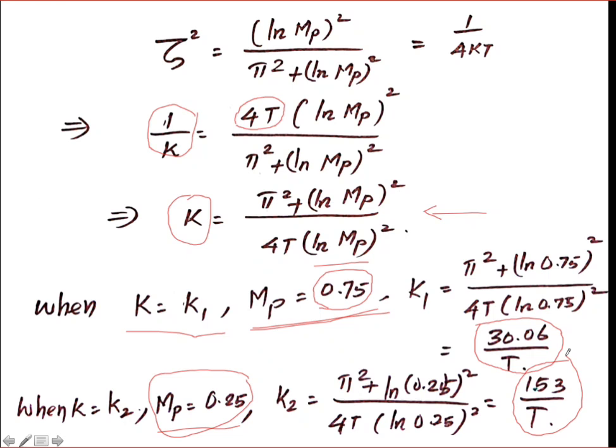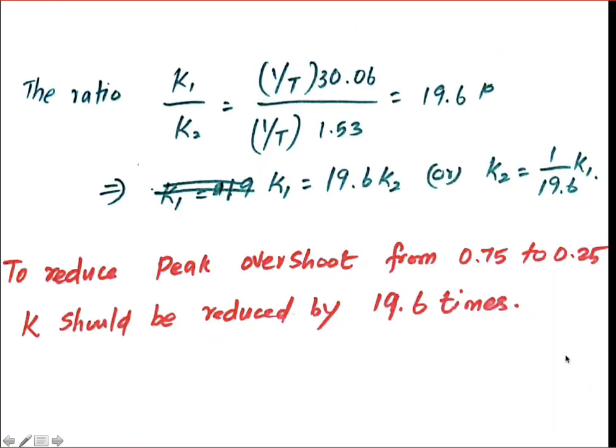Now we are going to take the ratio of these two things, that is k1 by k2. k1 by k2 is equal to 1 by T into 30.06 divided by 1 by T into 1.53.